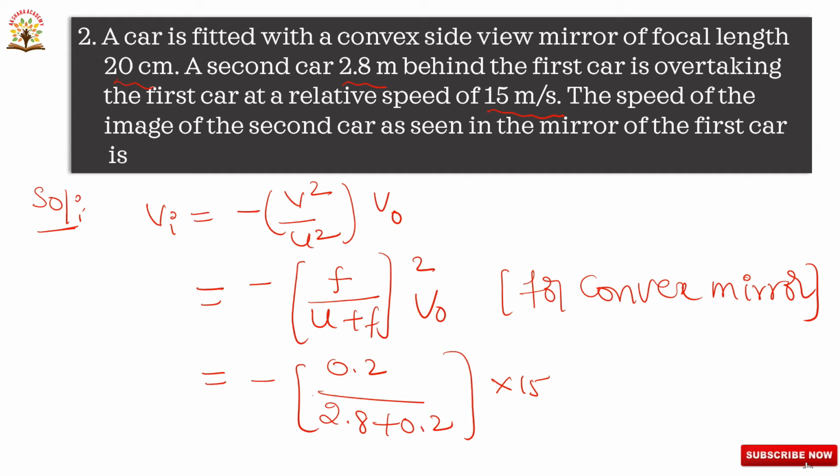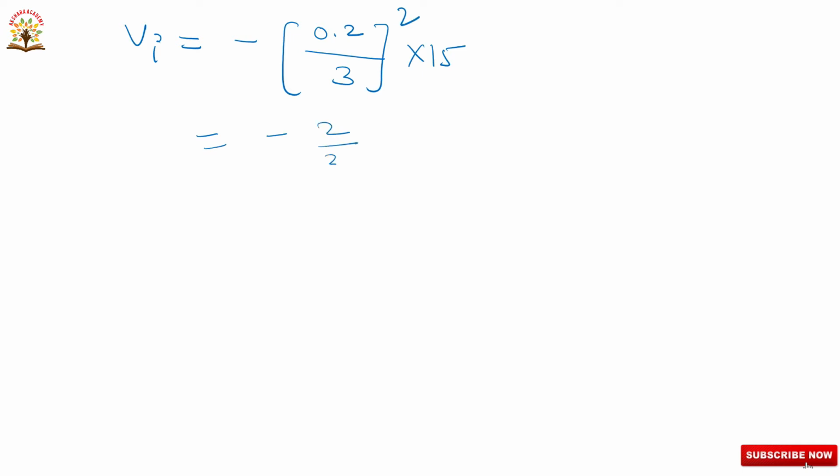So vi is equal to minus of 0.2 by 2.8 plus 0.2, that is 3, into 15. This whole is squared. So 2 by 30, 0.2 being a decimal representation, 2 by 30 whole square into 15.